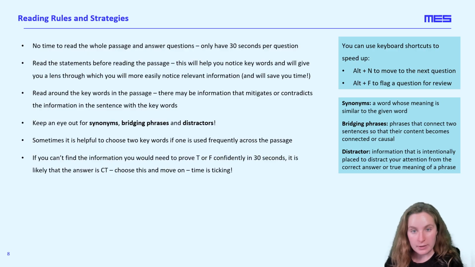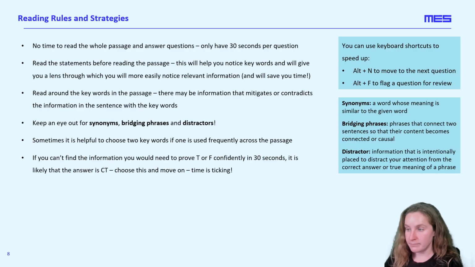Now, with timing, we need to think about how we can be most effective and efficient with our time in this exam. So the advice given is that you don't take time to read the whole passage before answering the questions. You already have less than 30 seconds a question. You have 11 passages you will have to read in the 22 minutes you have for this exam.